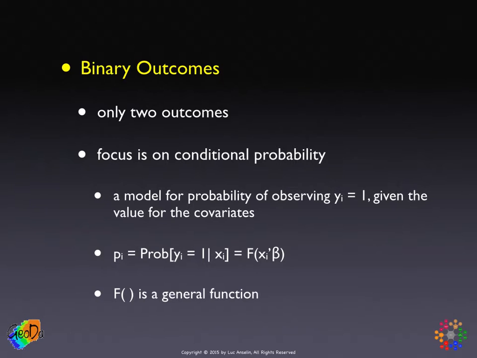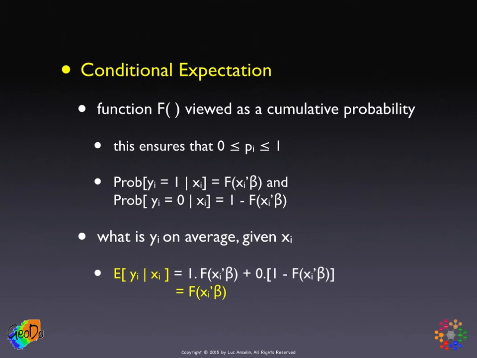on the right-hand side. So we're really formally interested in the P sub i, the probability that Y sub i equals 1, given observations on explanatory variables X sub i. And we're modeling that as a general function of covariates and parameters. So in general, capital F of a vector of observables X sub i with associated parameters beta. And F is a general function, but to make this work, we really make F a cumulative probability.